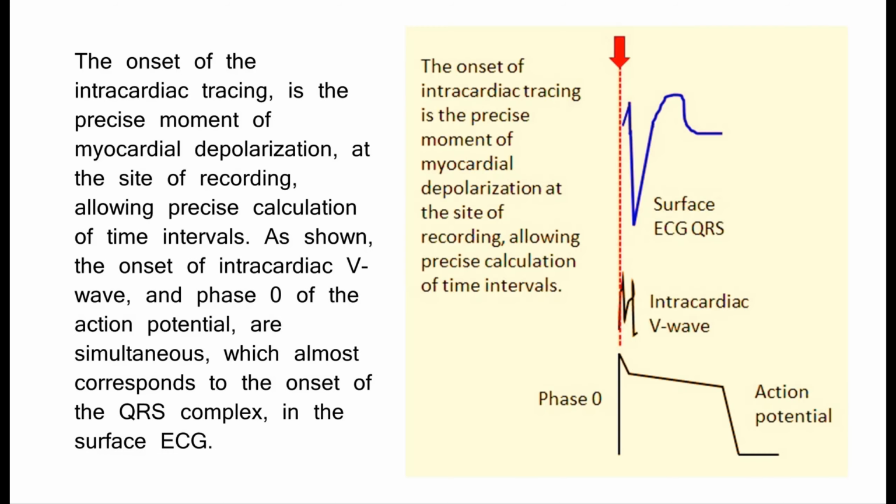The onset of the intracardiac tracing is the precise moment of myocardial depolarization at the site of recording, allowing precise calculation of time intervals. As shown, the onset of intracardiac V wave and phase 0 of the action potential are simultaneous, which almost corresponds to the onset of the QRS complex in the surface ECG.